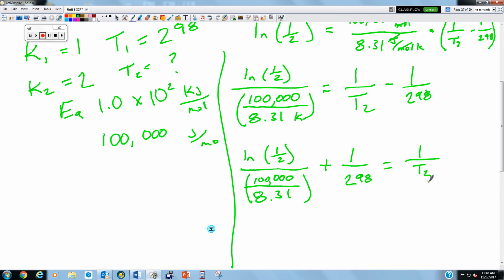All right, so at this point, when you do your math over here, that gets you 1 over T2. You take the reciprocal, so T2 should be, and if you don't want to know the answer at this point, pause the video, do your math, and so pause now, and then I'll come back in a moment and tell you the answer.